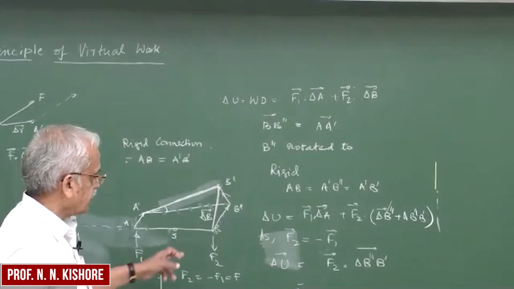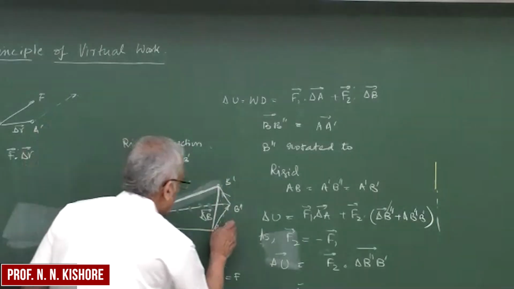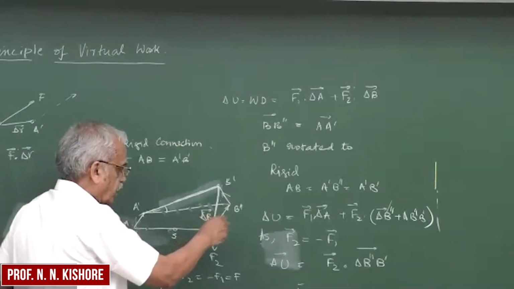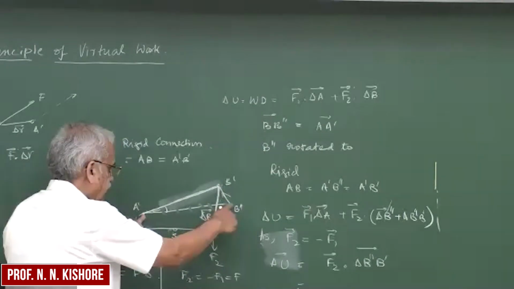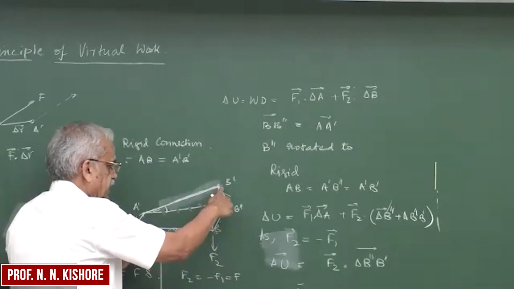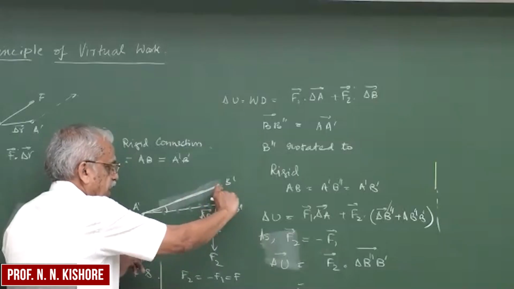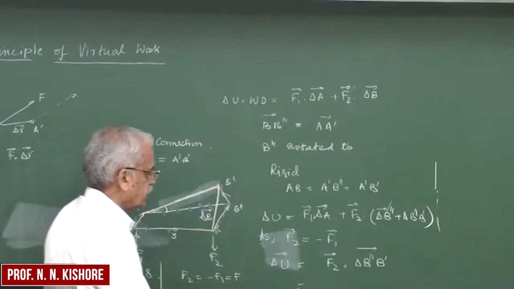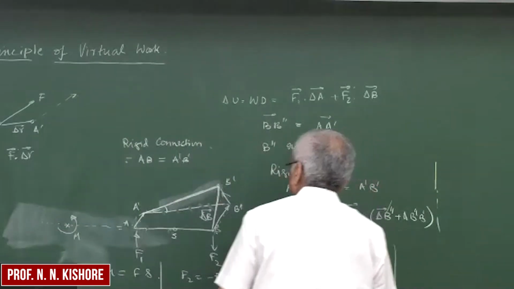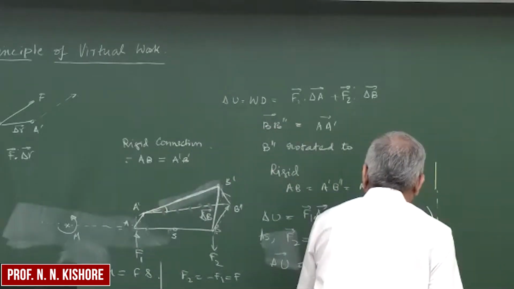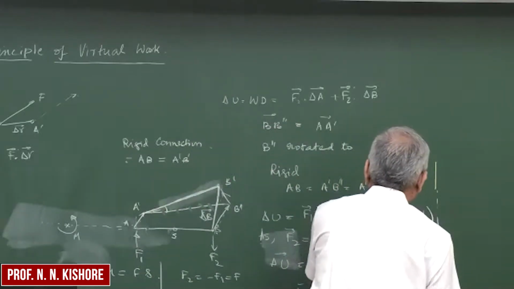So what happens is that when these terms are very, very small, we know that this distance is the same as this one. This is a kind of chord, and in the limit, I don't even have to write this delta here.